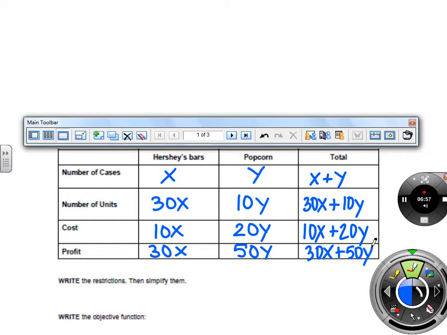Okay? Now, all of these things have constraints on them that we're going to take into consideration and find first, and at the end we're going to try to maximize our profit. This says right here that this is profit. This is going to be part of our objective function.